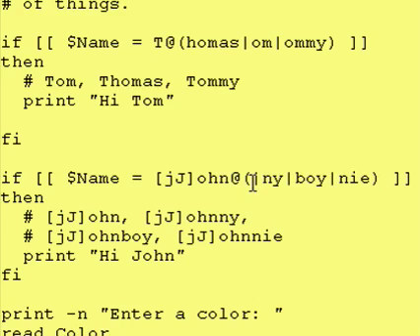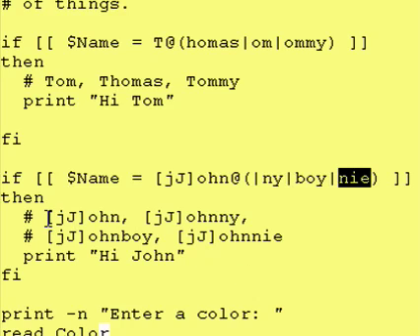Now I want you to notice something very carefully here. Parenthesis and then the vertical pipe. So your first choice is actually an empty set. So what that means is that John followed by absolutely nothing is perfectly okay. Or it could be followed by NY, BOY, or NIE.